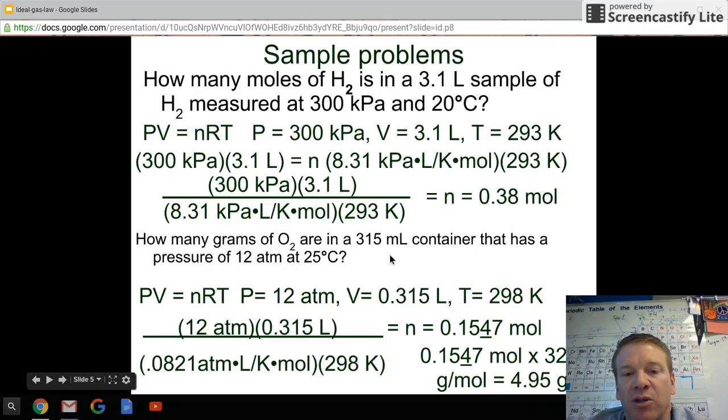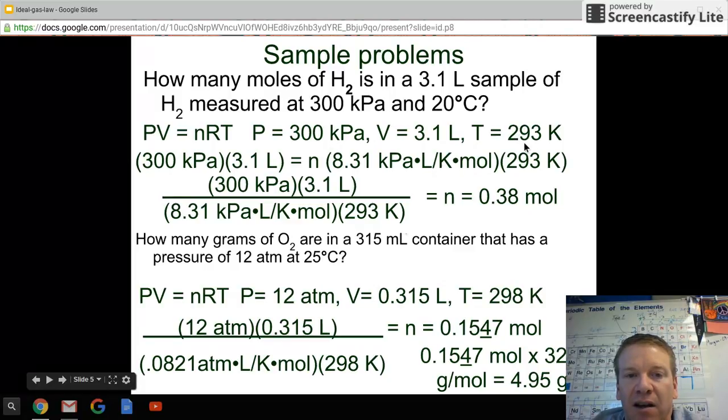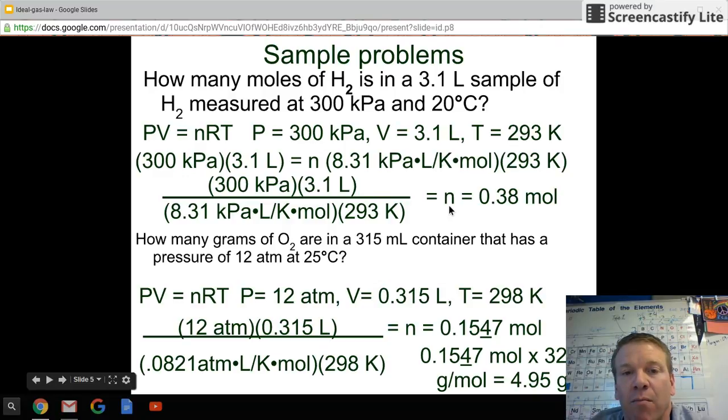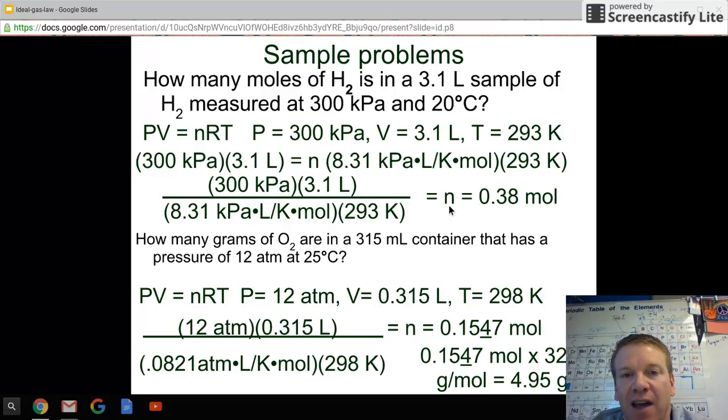Okay, here's a couple of sample problems. What I would do at this point is just look at what's given. Here's the equation. Here's a list of all the variables. Again, it was 20 degrees Celsius, noted that got converted. So if I'm solving for n, which, when you're using the ideal gas law equation, is probably the most common thing you're going to have to solve for, the number of moles, because that's a tougher one to measure. We can't really measure moles. We have to almost always calculate for that based on another measurement.